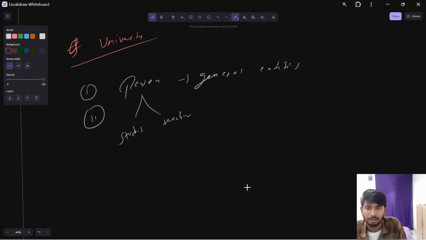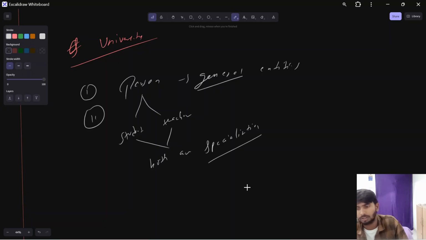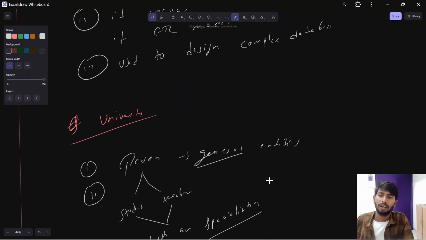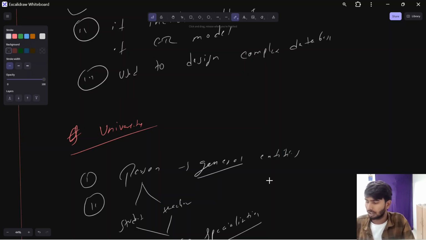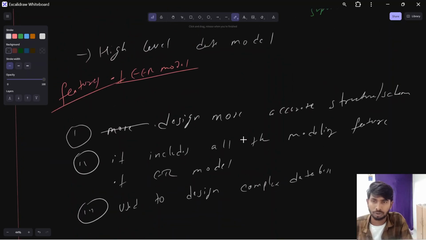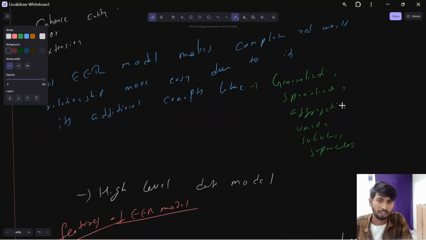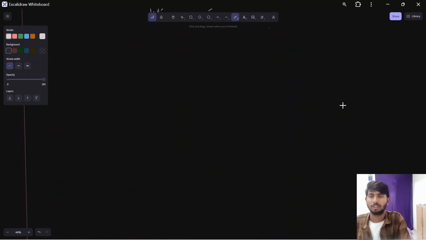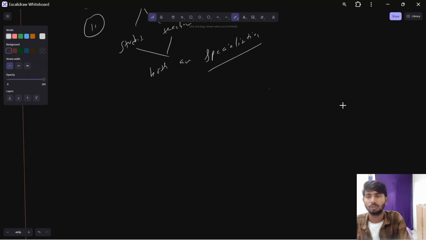Both are specialization, and the person is the generalization. Now we also have aggregation, we have to do some aggregation also.